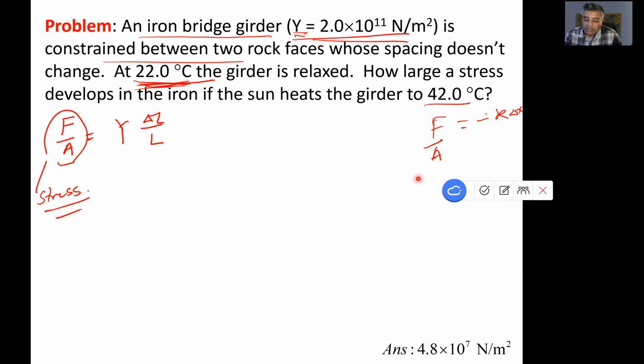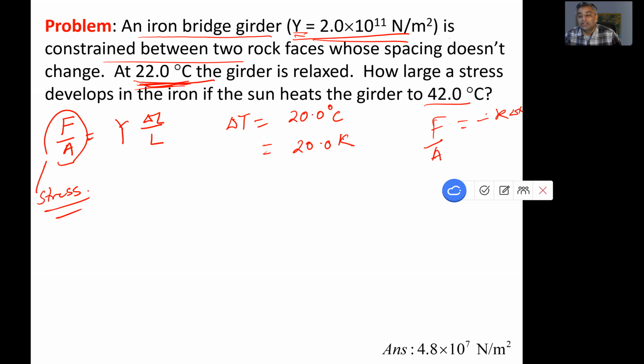Although we want the change in temperature in Kelvin, in this case it is 42 minus 22, which is exactly 20 degrees Celsius, and that is equal to 20 Kelvin.